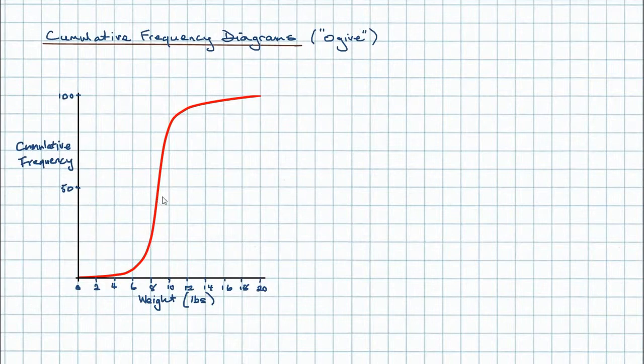The very first thing that we can see straight away is the number of cats here, so the total frequency here. We've got 100 cats altogether, and we can also see that there's a median value here, and the median is going to be the first statistic that we're going to write down.